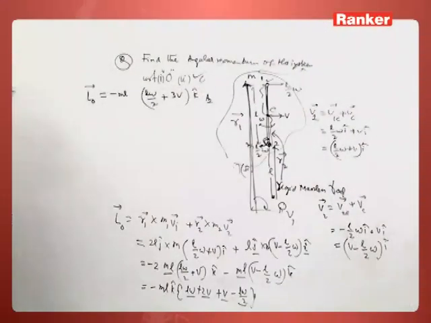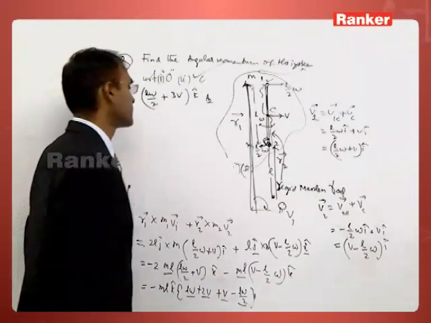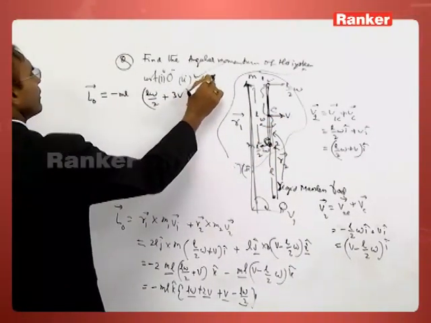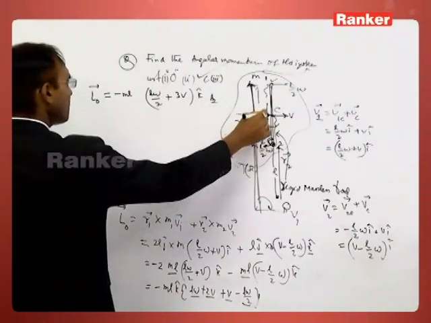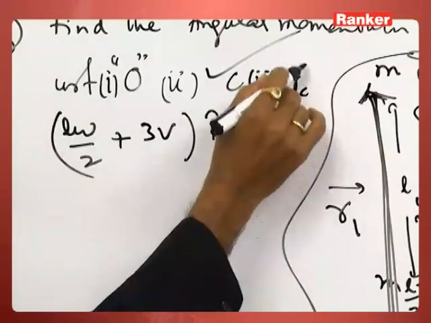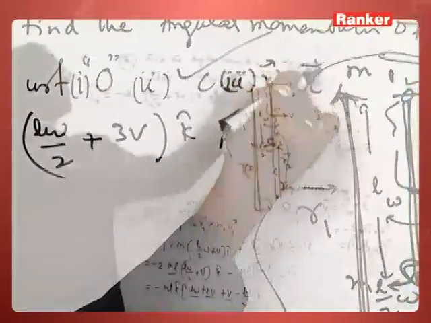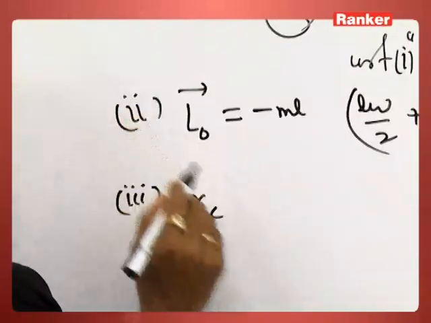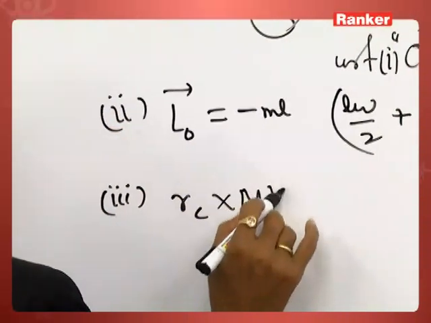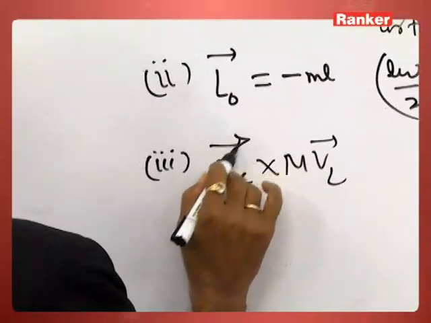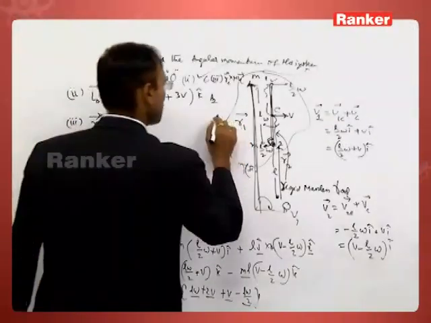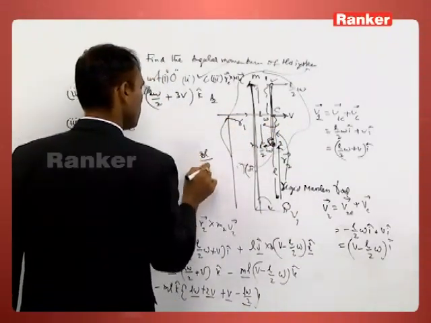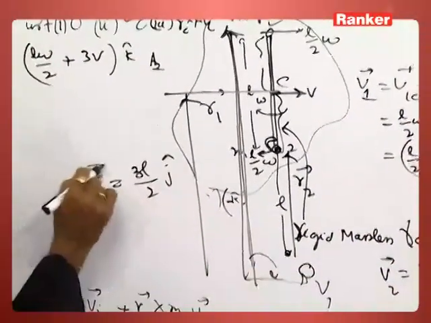If you need to calculate the angular momentum of the center of mass with respect to the given point, RC cross MVC, that also you can calculate. RC is equal to, center of mass is here, and this position vector is equal to L plus L by 2, that is 3L by 2 in j cap direction.